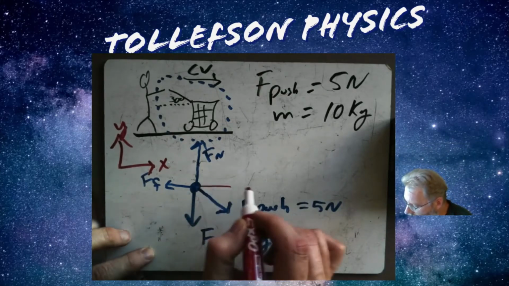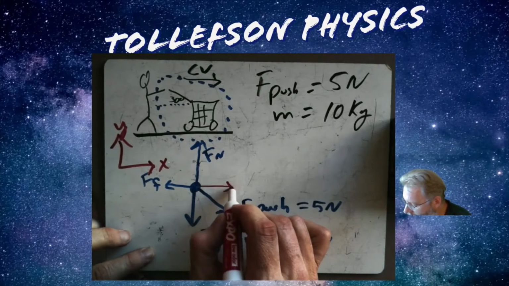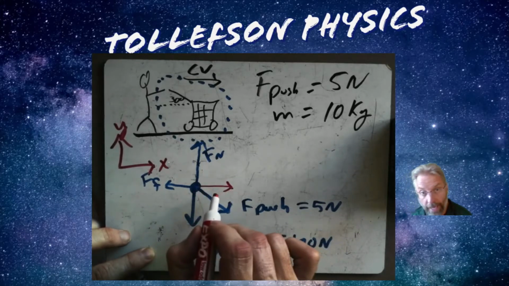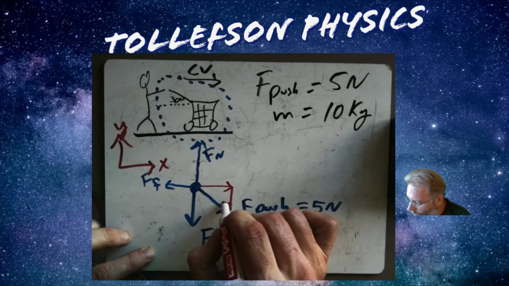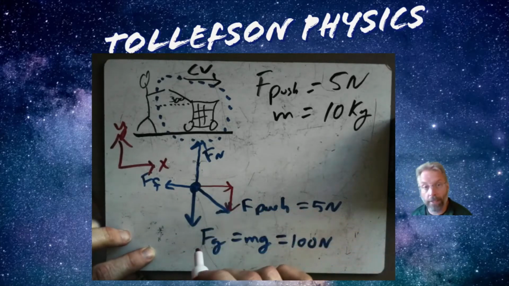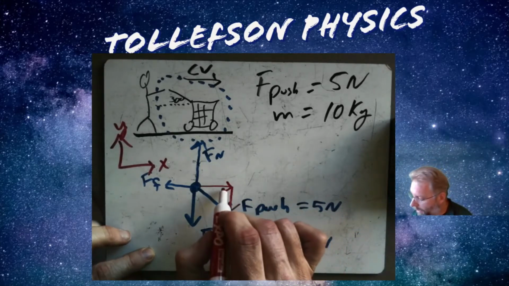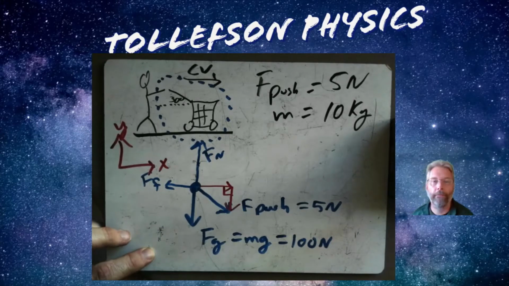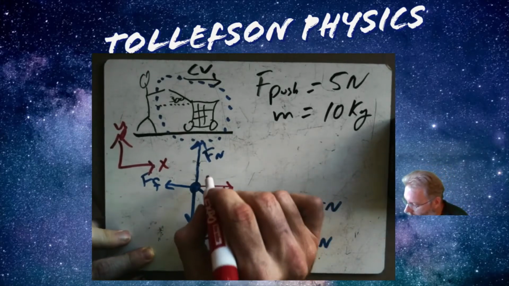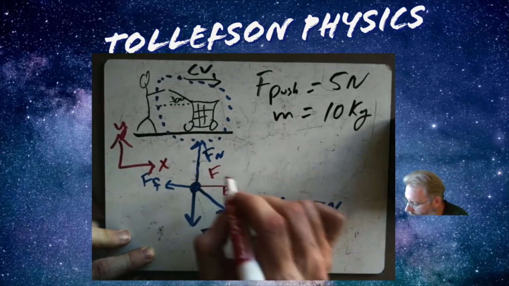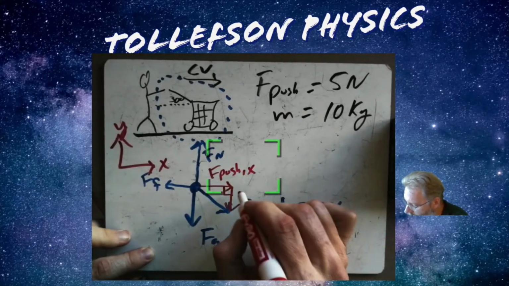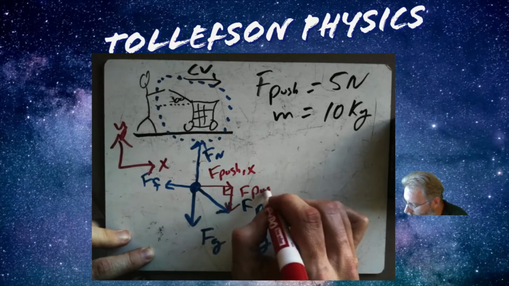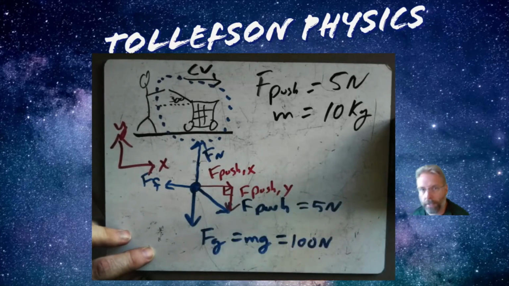I'm going to draw an arrow so it's just the right length along the x-axis in this case. And then I'm going to draw it straight up and down along the y-axis there. And that gives me a right triangle, right? So essentially what I have is a push force in the x direction, and a push force in the y direction.